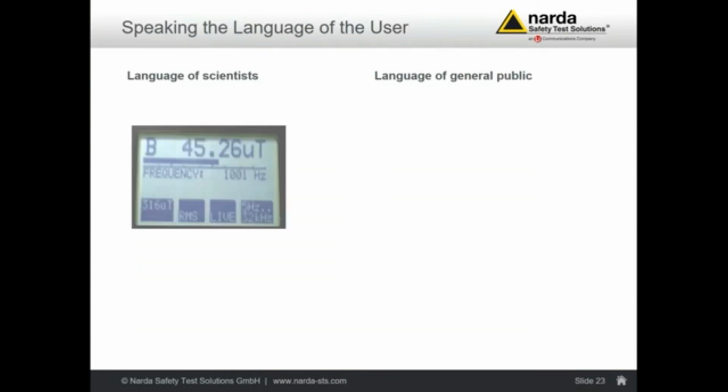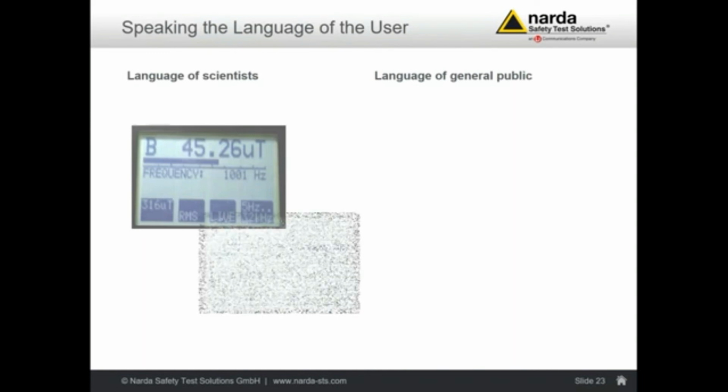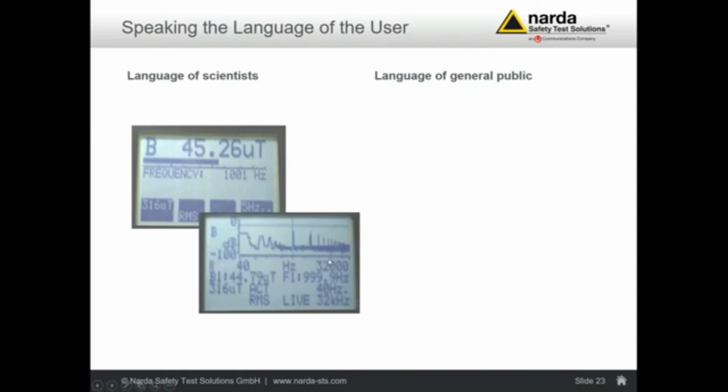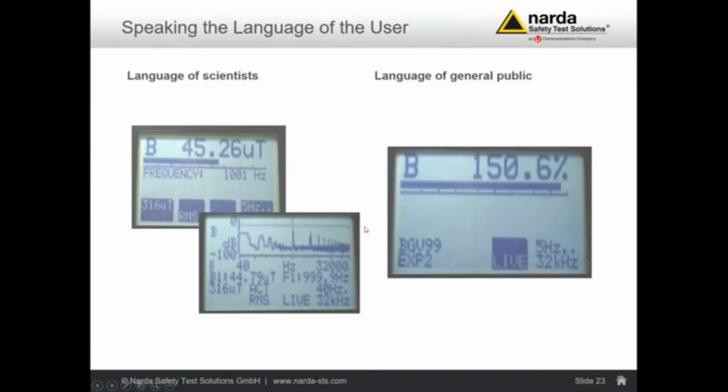I can show you the same again. For example, here in low frequency, we have taken a low frequency tester and it's telling me I have 45 microtesla at 1 kilohertz. Is it dangerous or not? I'm not sure. I can show you the same result also in spectrum analysis. Doesn't help much. But if you switch the instrument into percent of standard, it's telling me 150%.